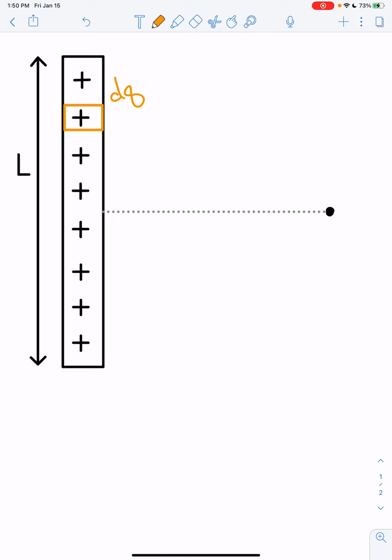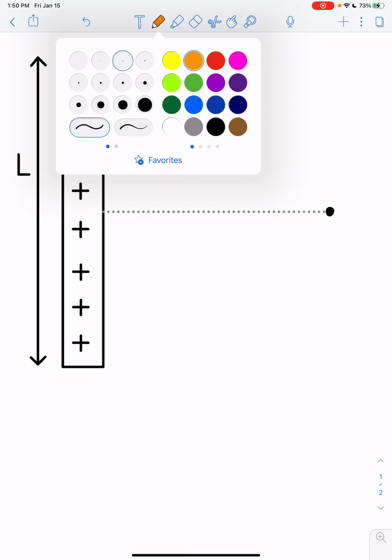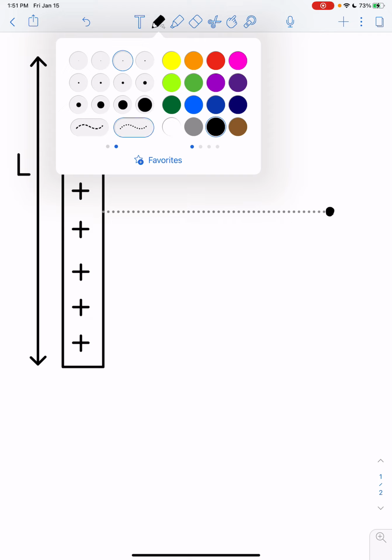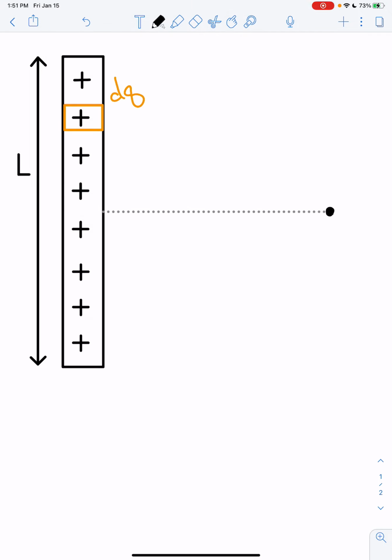I'm drawing this a little bigger than we may consider it to be, just to make it a little easier to see. And that dq is going to be some distance away from our point where we're going to consider what the field is.